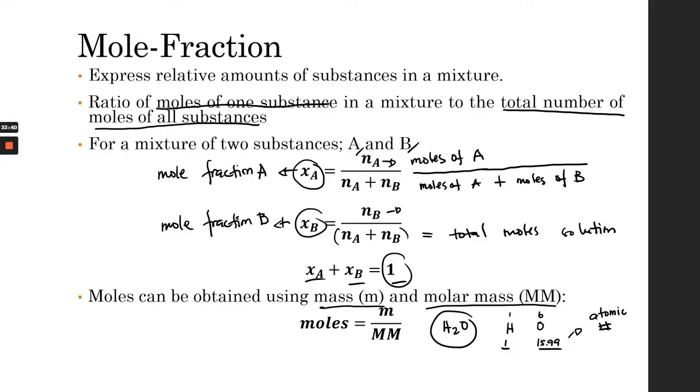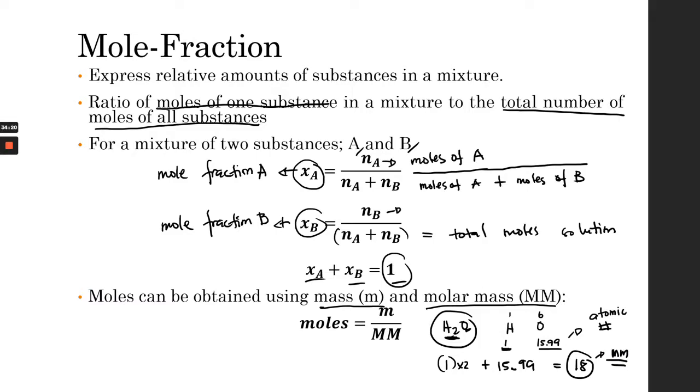In my molecule, I have H2O. Since I have two atoms of hydrogen, I have 1 multiplied by 2. And I have one atom of oxygen, so I just need to add 15.99. So basically that is 16, 17, and 18. So 18 would be the atomic mass, what we call the atomic mass of the molecule. And the atomic mass is basically the molecular mass.